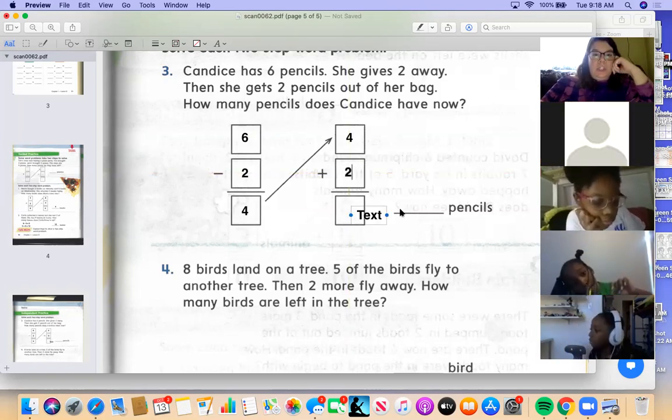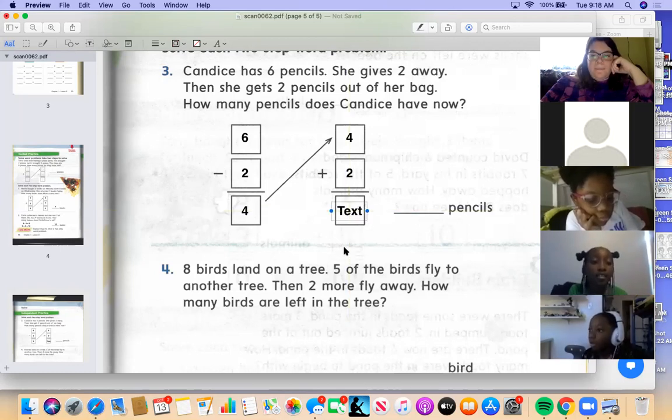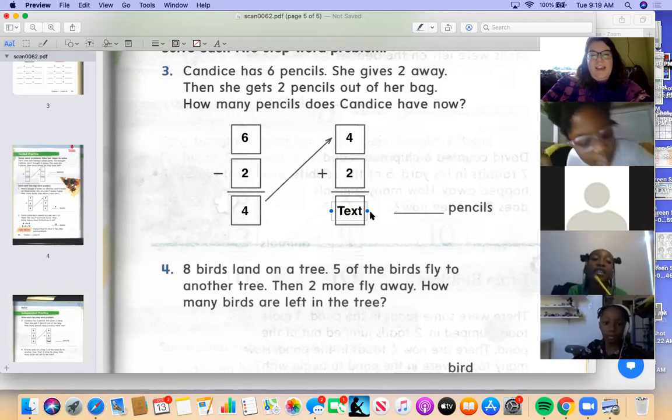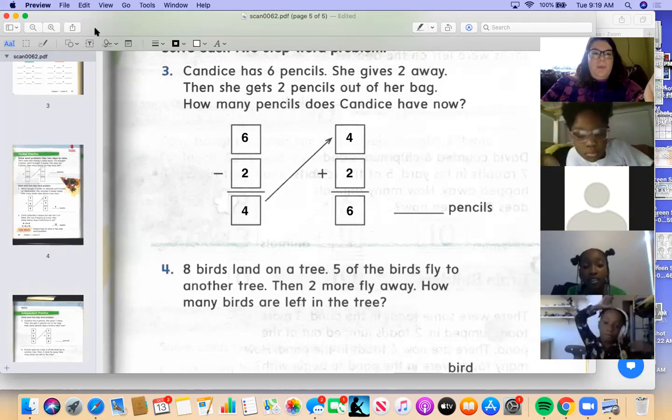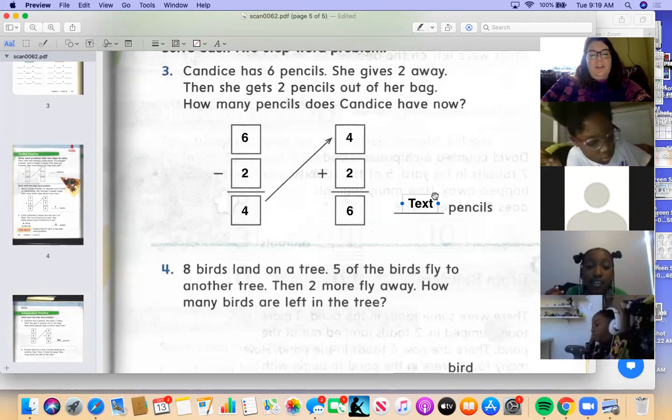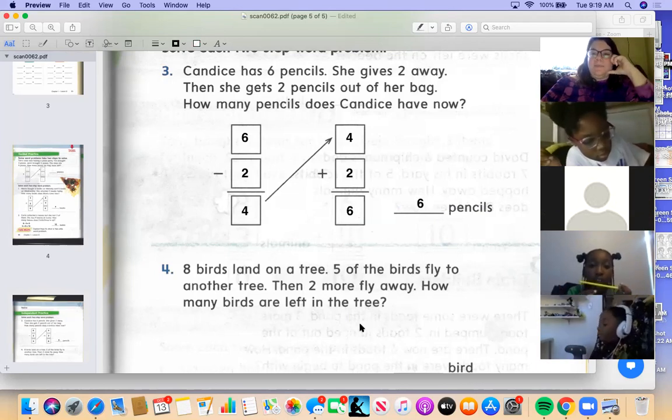So how many pencils does she have now? 4 plus 2 is? 6. Oh, look at that. We ended where we started. She started off with 6 pencils. She still has 6 pencils. She gave 2 away, but then she got 2 more. Bada bing, bada boom.